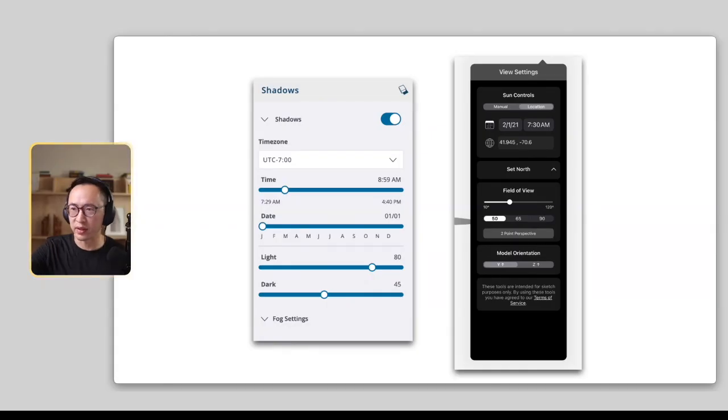So on the left is a shadow slider in SketchUp. You can move the slider towards January or the end of the season where the sun is lower. And when the sun is lower, the shadows are going to penetrate deeper into the space, and they're going to cast a better shadow if you are looking at a facade.